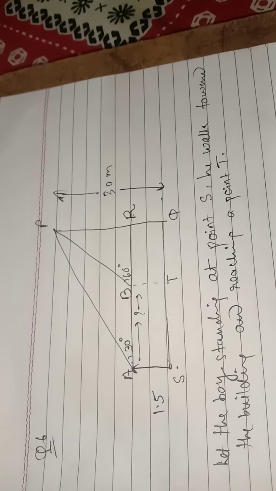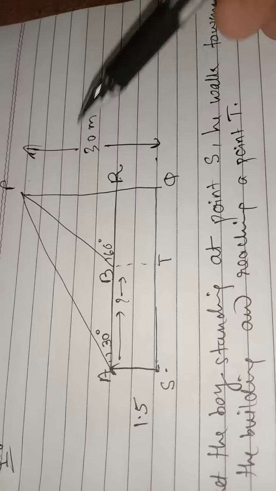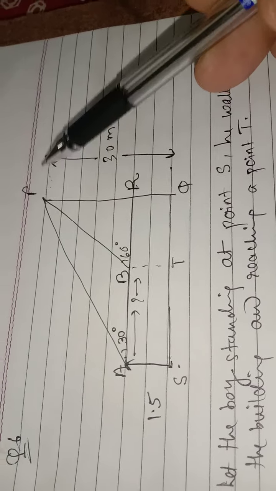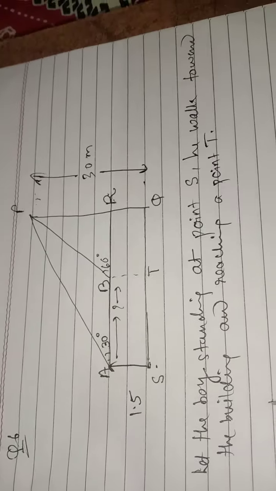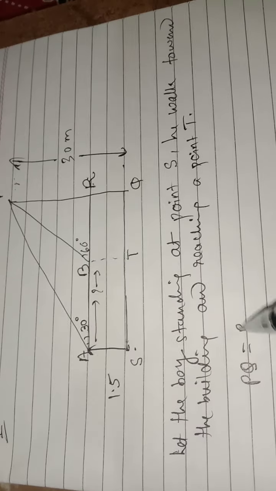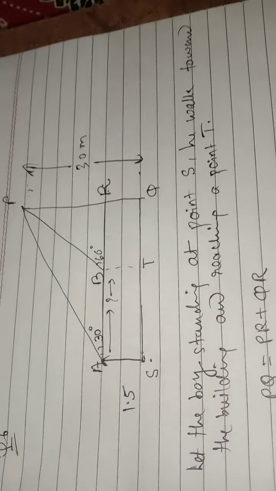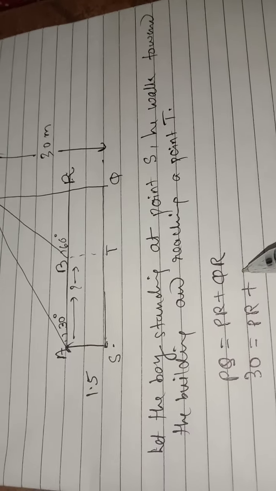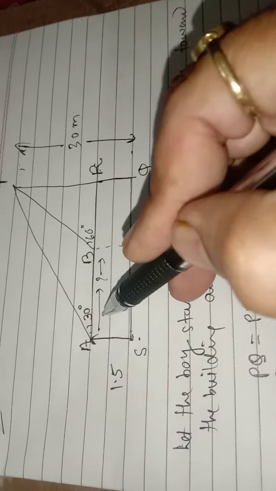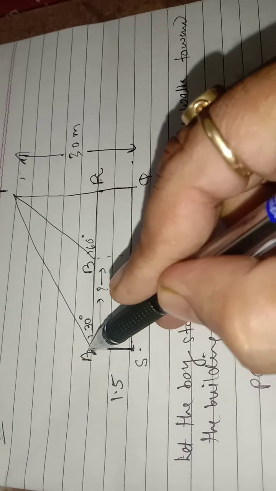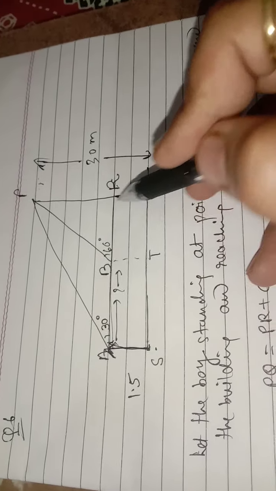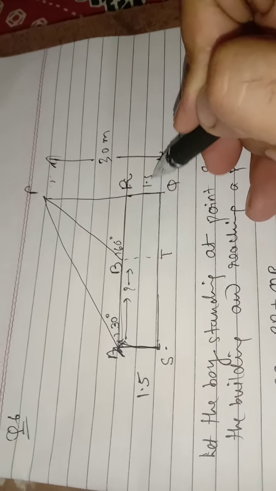Now what we have to find out is the height of the building. What is the value of PR now? Can we say that the total value of PQ is PR plus QR. PQ is 30 and we don't know PR, but QR is equal to the height of the boy. We can see a rectangle here, so it is 1.5.